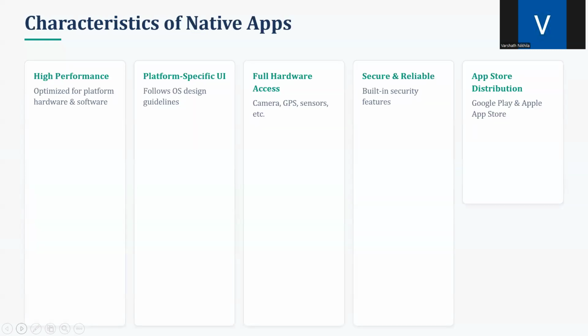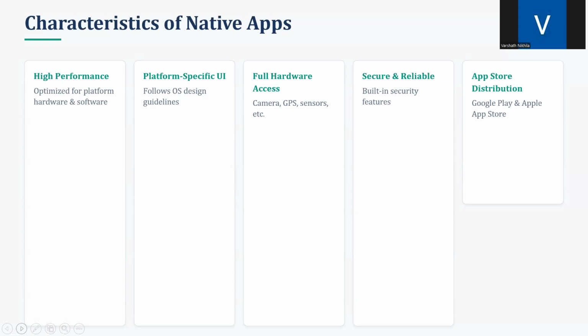Next, the characteristics of native apps. High performance: native apps use platform specific APIs, which reduce processing overhead. Next, platform specific UI. Users feel comfortable when Android apps look like Android and iOS apps look like iOS. This increases trust and usability. Then full hardware access.